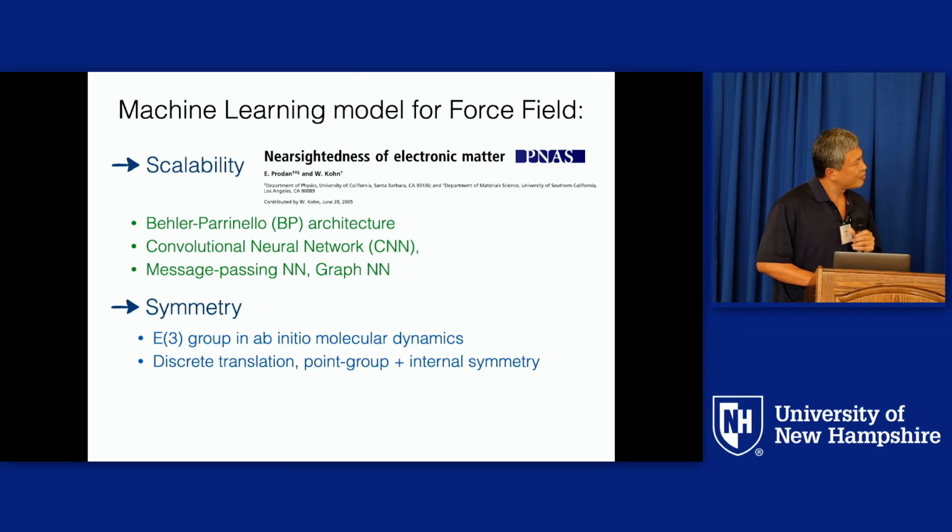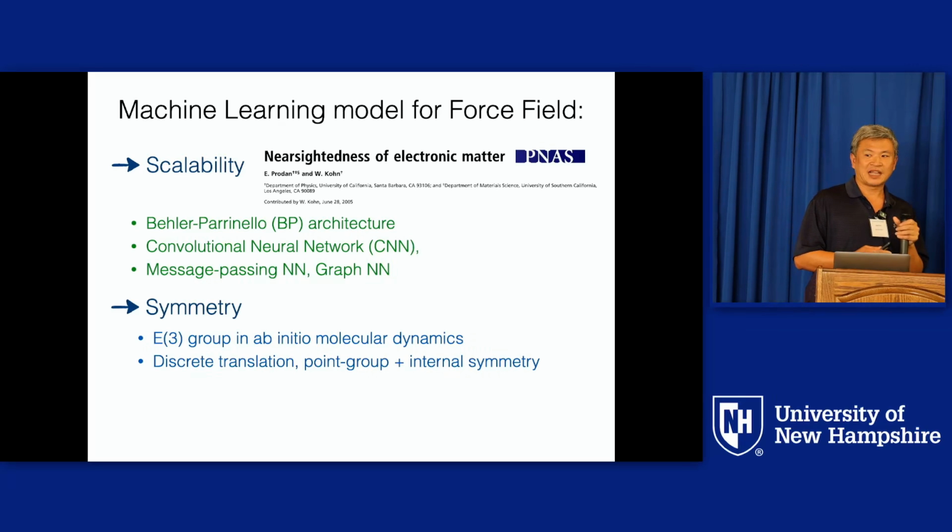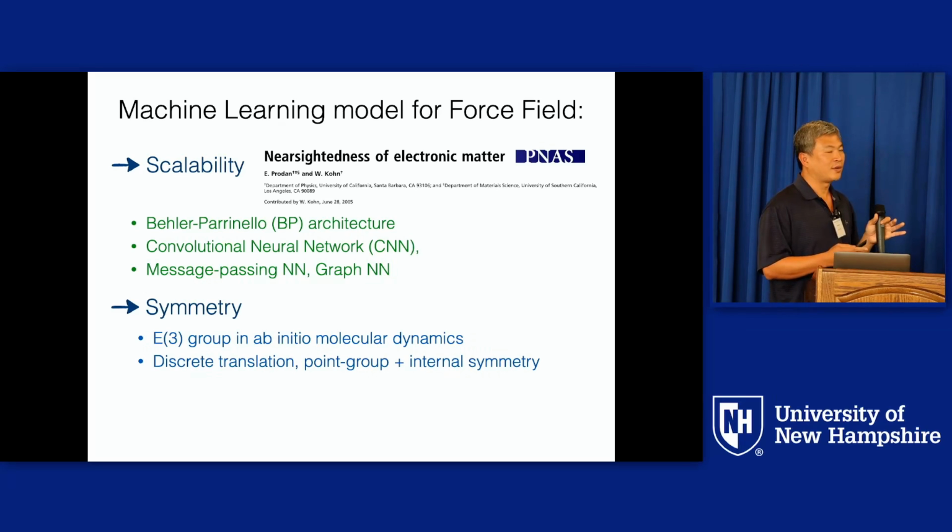So another important ingredient is symmetry. For example, in molecular dynamics, people use all kinds of analytical models like the Lennard-Jones model to do very large-scale molecular dynamics simulations. And all these classical models respect all kinds of symmetries of the system.